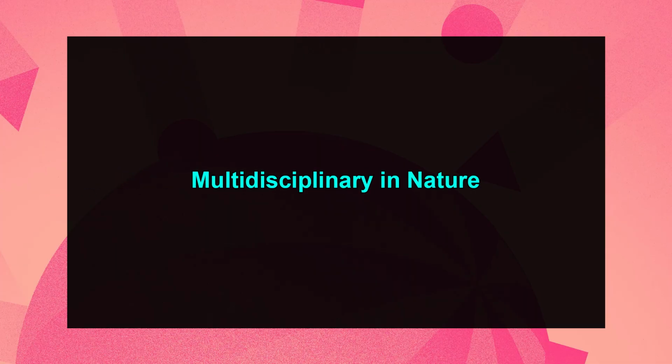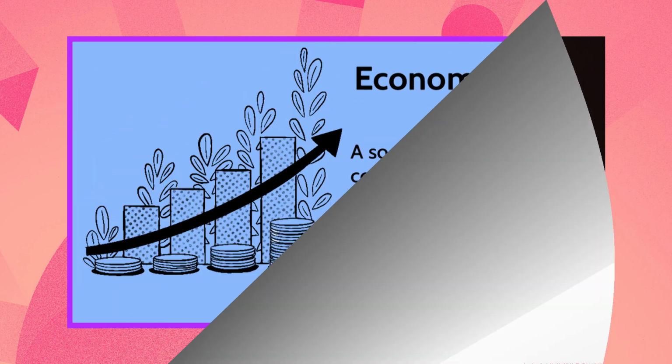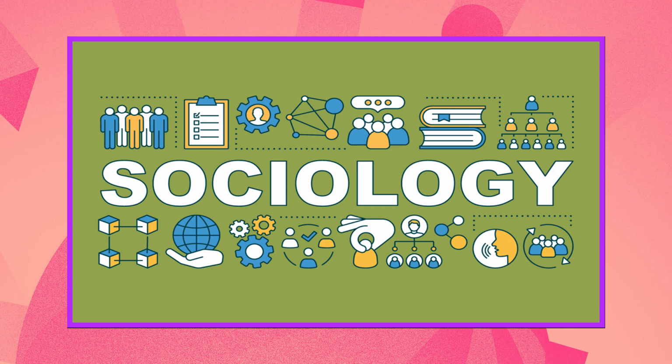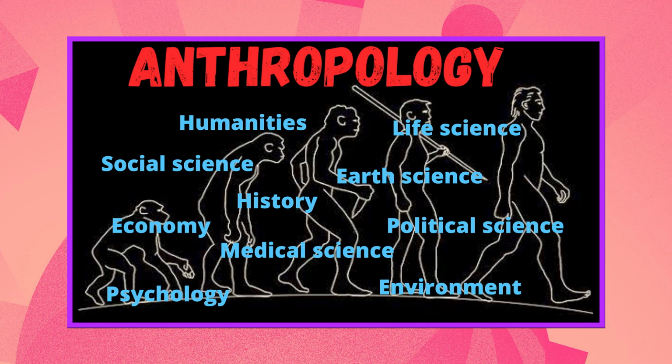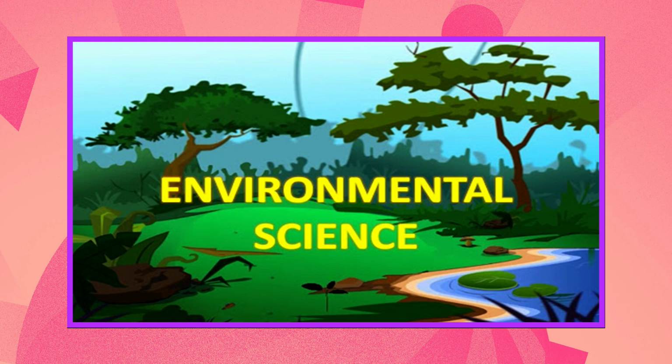Number 1. Multidisciplinary in nature. Development research often involves collaboration between various disciplines such as economics, sociology, political science, anthropology, environmental science, and more. This interdisciplinary approach allows for a comprehensive understanding of complex factors influencing development.